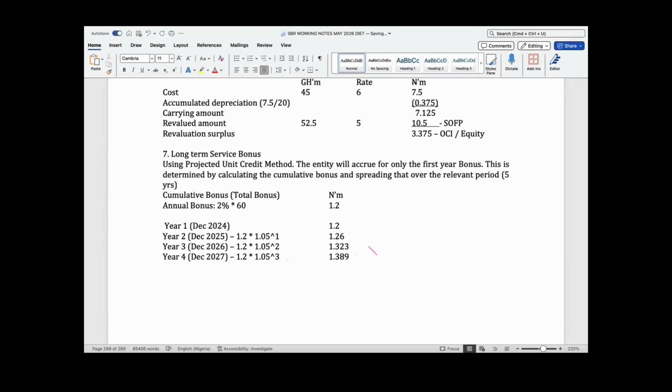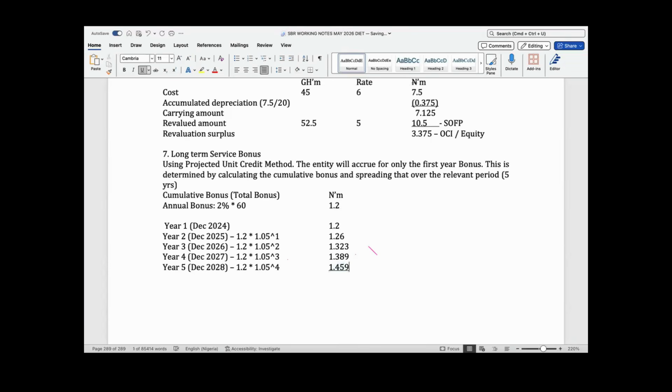In year 5, it's 1.459. So it's growing every year.